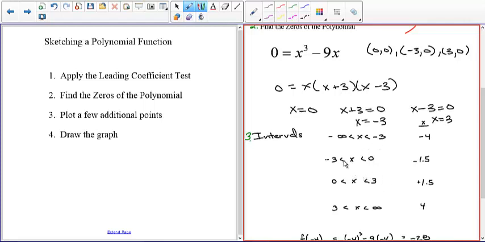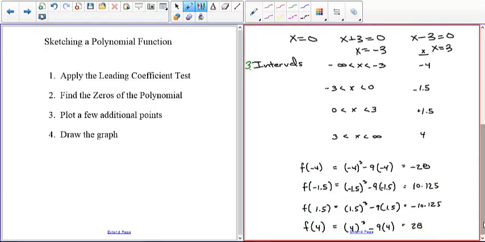I divided my domain from negative infinity to positive infinity into four intervals: negative infinity to negative 3, negative 3 to 0, 0 to 3, and 3 to positive infinity. I'm going to pick numbers just a little bit more negative than negative 3 and a little bit more positive than positive 3, and then pick numbers right in the middle.